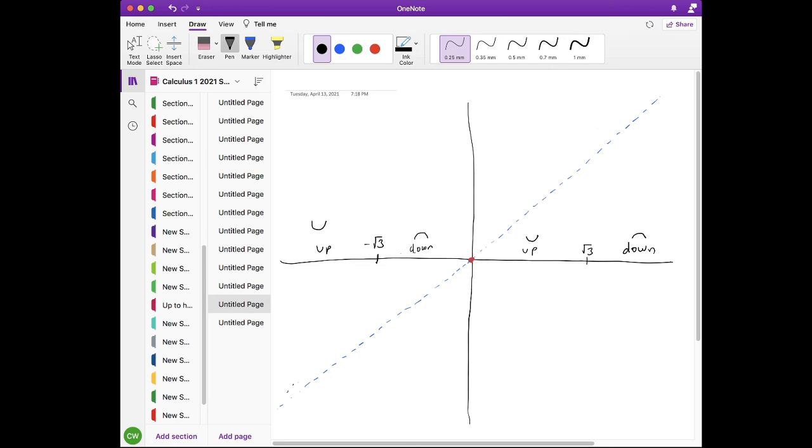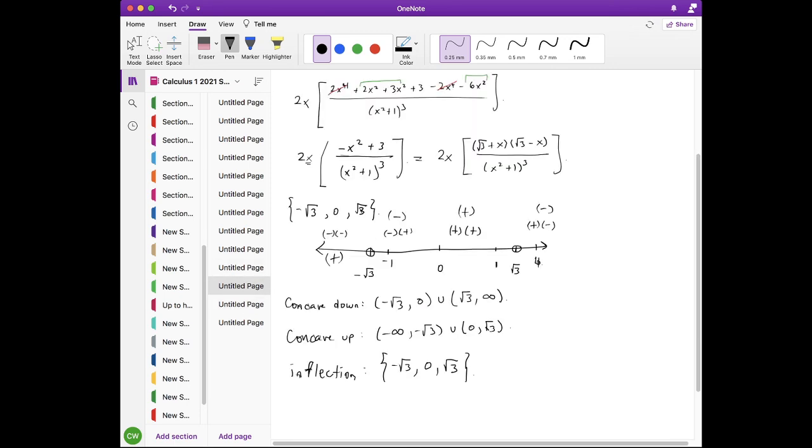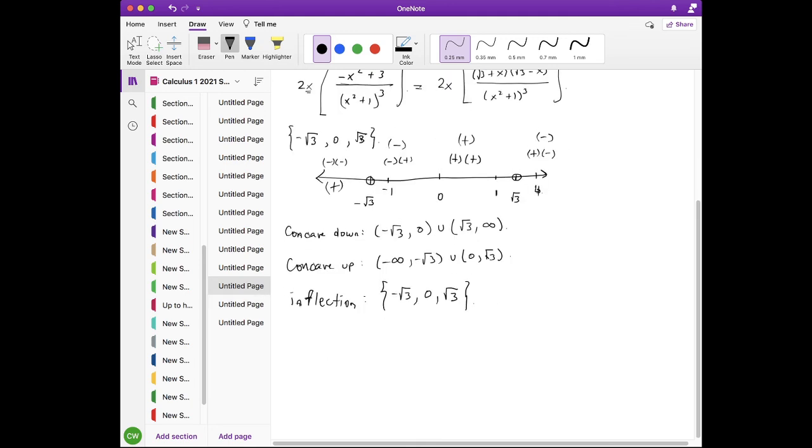Actually, we should probably plug in the inflection points just to see where these happen. Okay, so negative root 3 and root 3: f of negative root 3 and f of root 3.